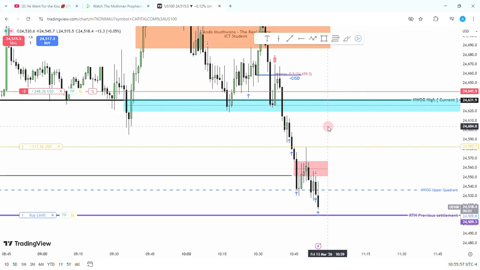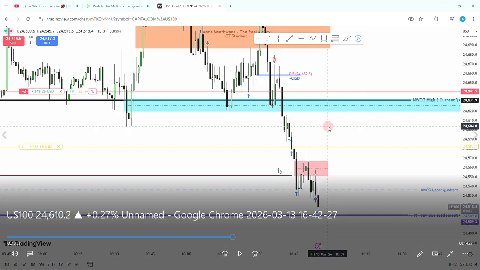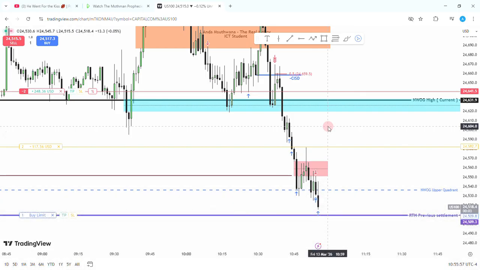So that's the previous settlement of Thursday's close, of the regular trading hours session. And as it gets down close to that previous settlement, I'm taking out partials. I do eventually set a buy limit exactly at that regular trading previous settlement, squeezing again as much as I can out of that trade, squeezing the juice out of that trade, squeezing the lemon out of that trade.